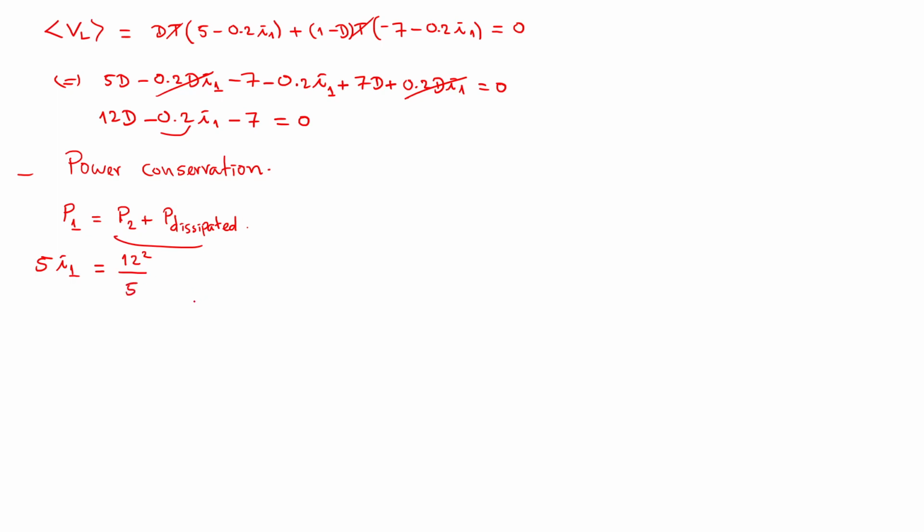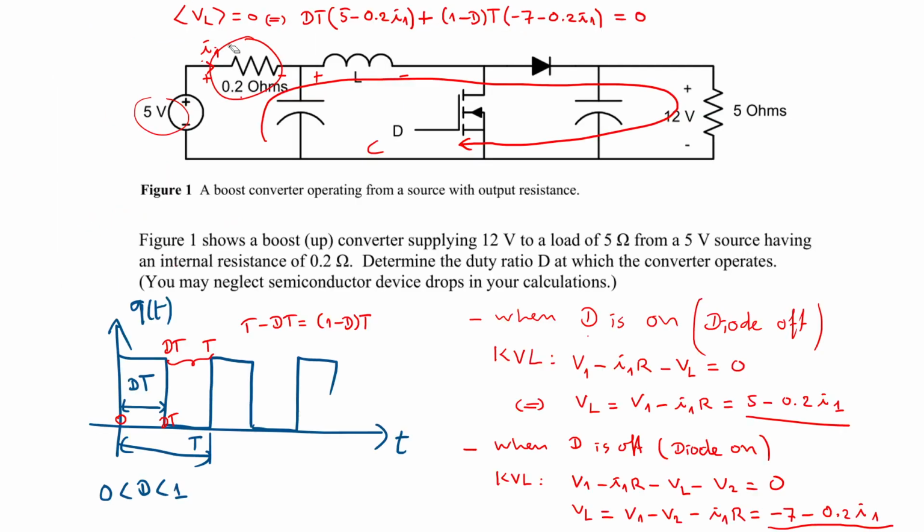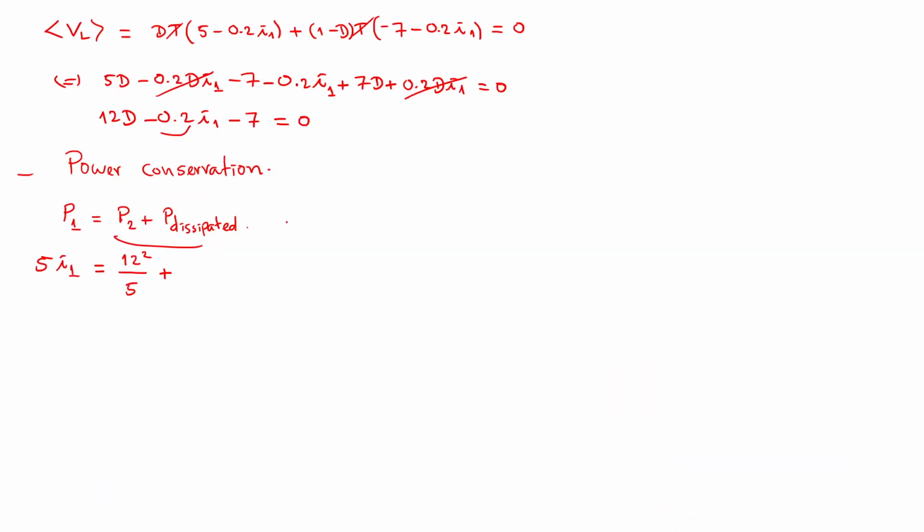It's V squared over R, correct? Yeah. And this one, you have current and resistance. So it is 0.2 times I squared, right? So here it is I1 squared.